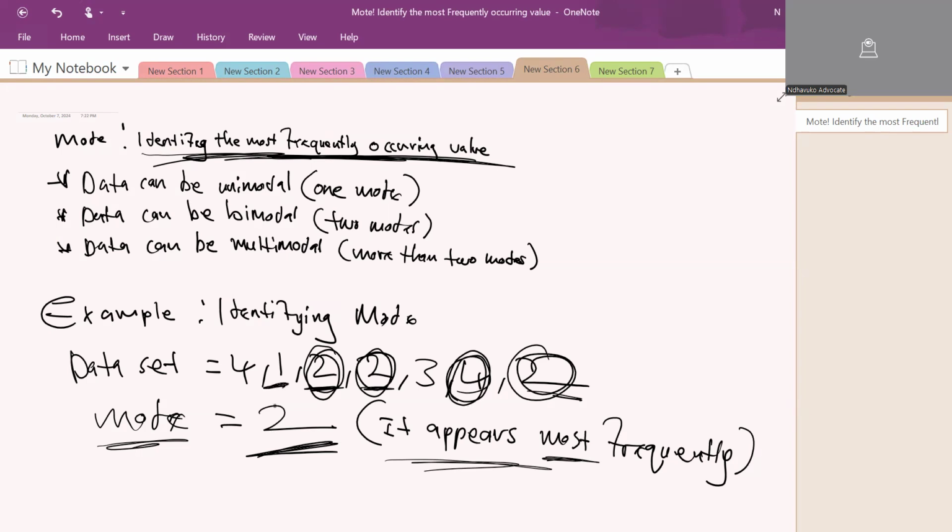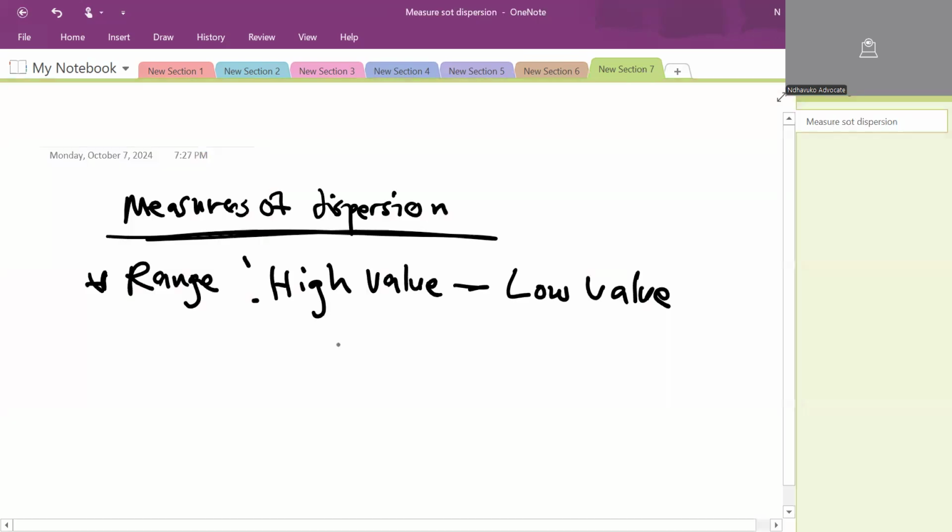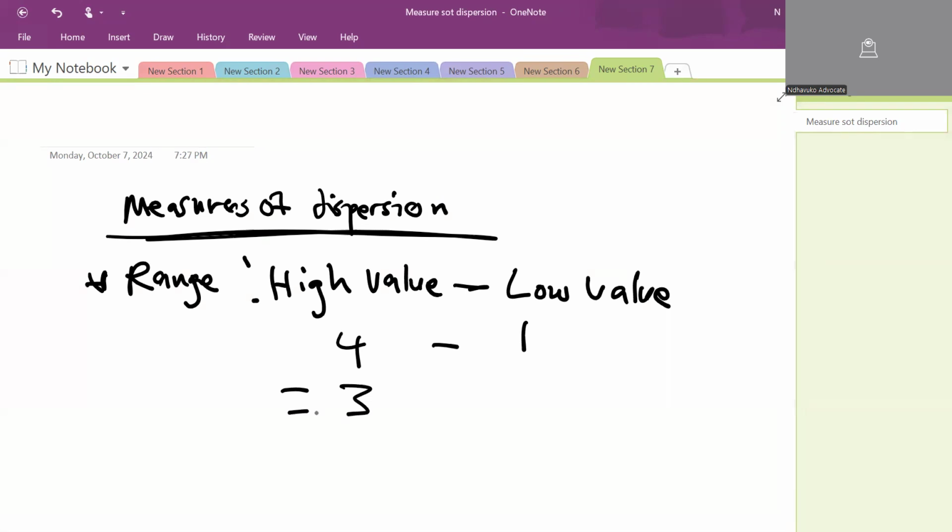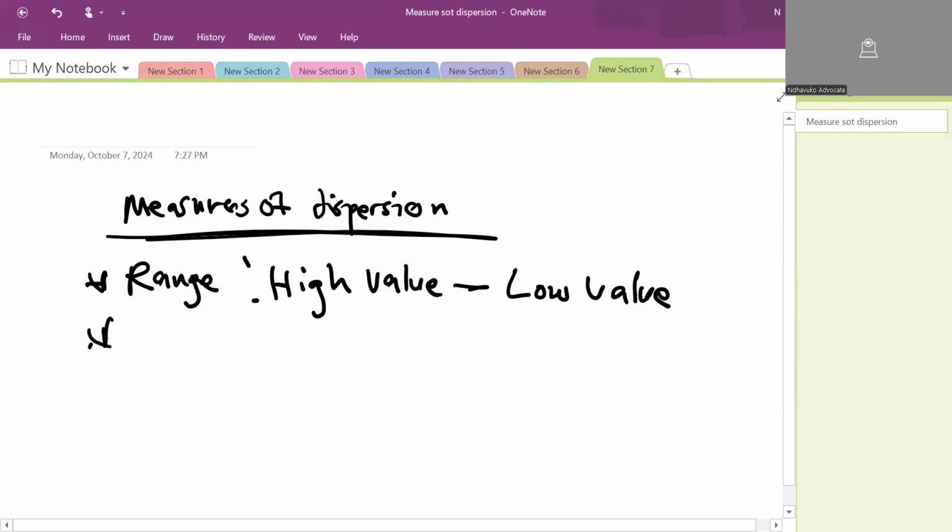So we say 4 minus 1, which is equal to 3. So the range is 3. It's very simple. So you know range now. You calculate it by high minus low value.